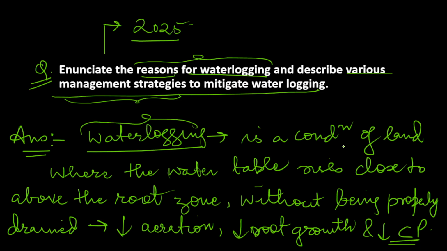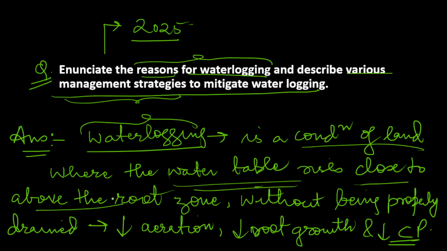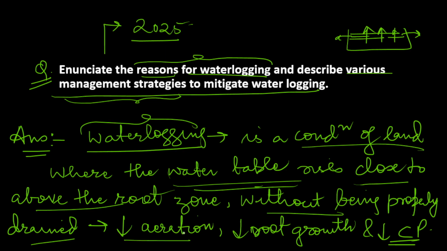It is a condition of land where the water table rises close to or above the root zone. Suppose this is the field, this is the water table, and this is our root zone. It has risen above the root zone and is not being able to drain properly. The water is getting stagnant, getting logged in the region, which leads to reduced aeration in the roots, because if the water fills the root zone, the air exchange is not properly happening.